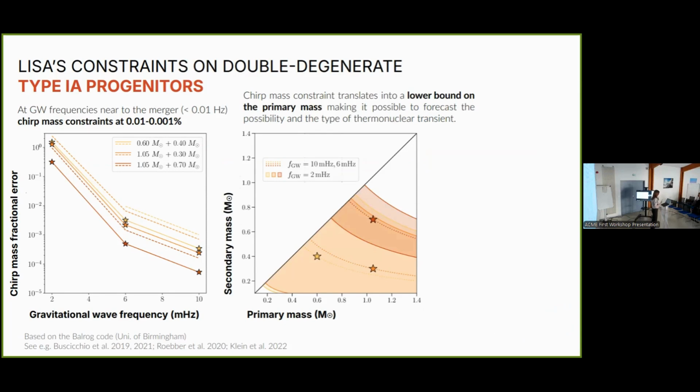So here I'm showing you, again, the same three examples. Let's focus on the red one, which is the easier, the more massive one. This shaded region represents the constraint at 2 millihertz, where we are just starting and getting 10-ish percent constraints. And going down to 4, 6 millihertz, we collapse to this dotted line.